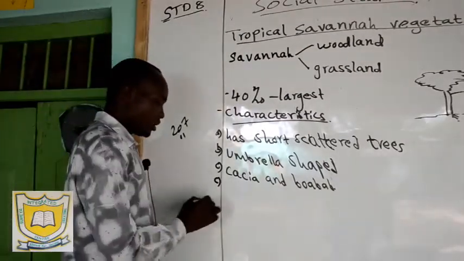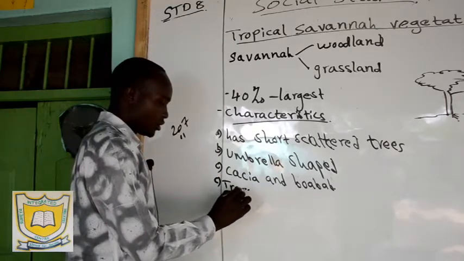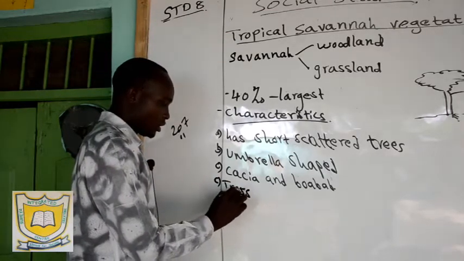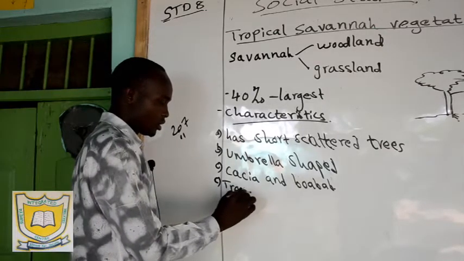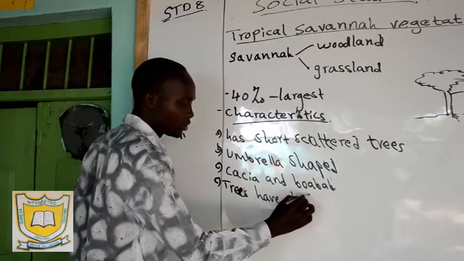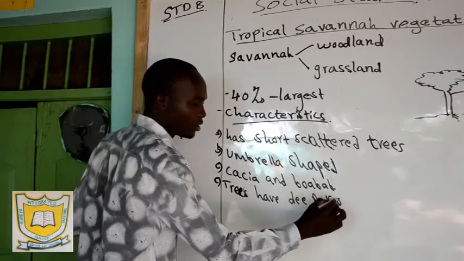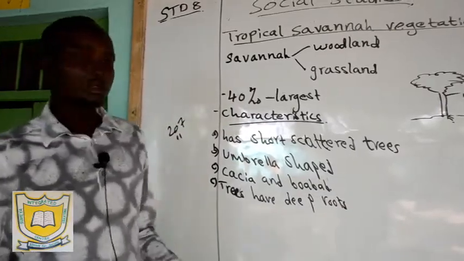Then you see these trees have deep roots. These trees have deep roots to tap water during the dry season.